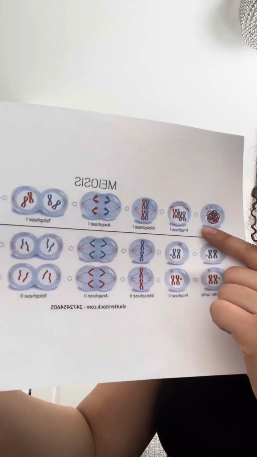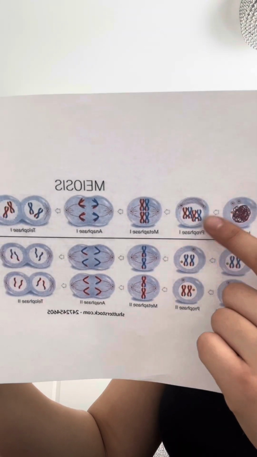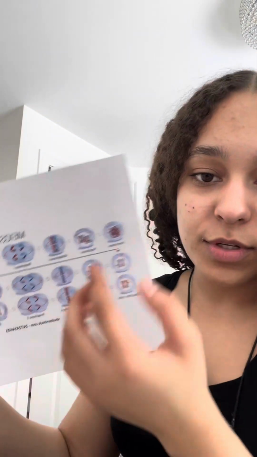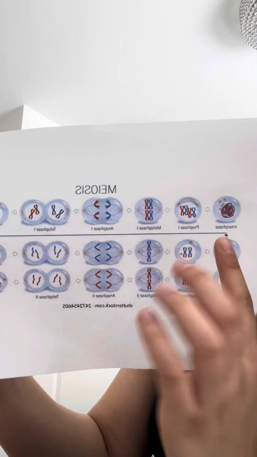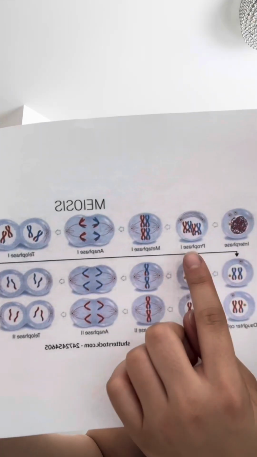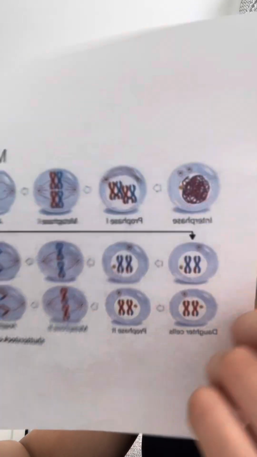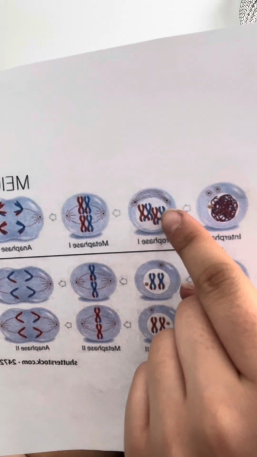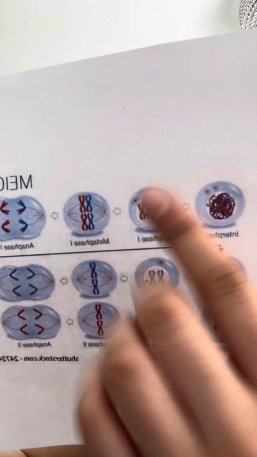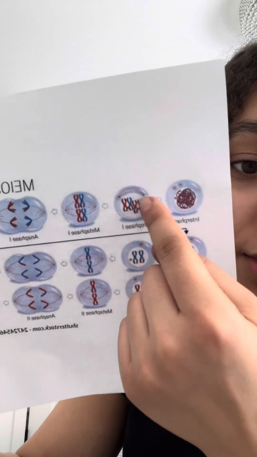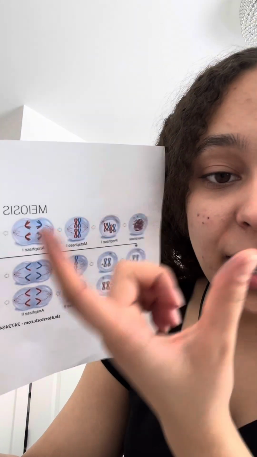So interphase is the same way. It has the decoiled chromosomes here. They form at prophase 1, and this is where the fun stuff happens, where the sister chromatids have their own pairs. They line up. I don't think that's the right wording, but the chromosomes get a pair.